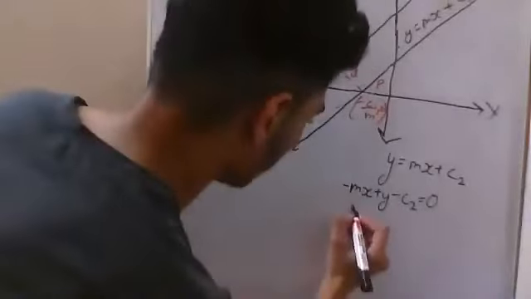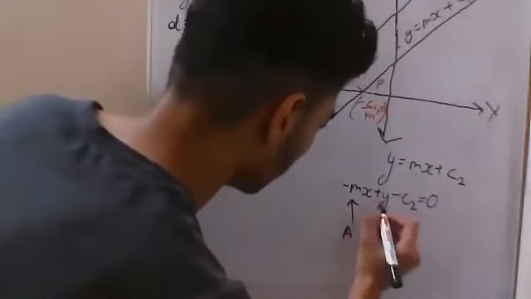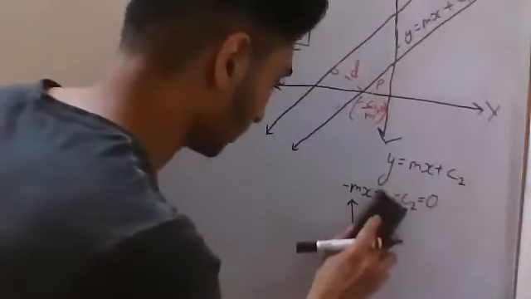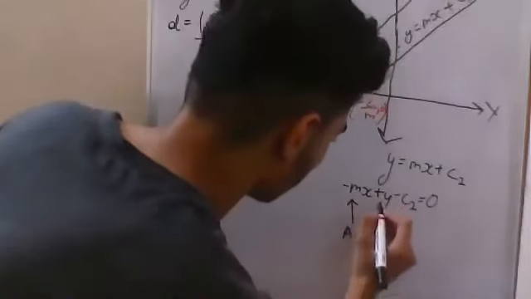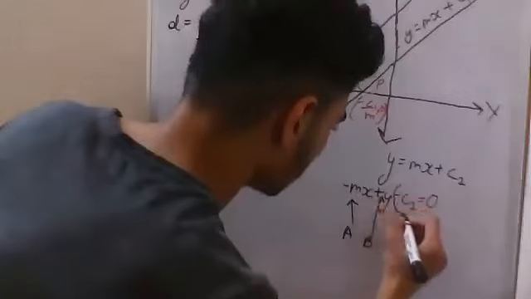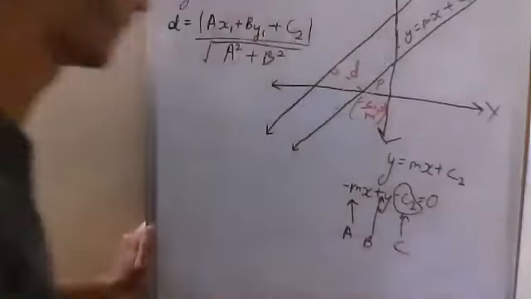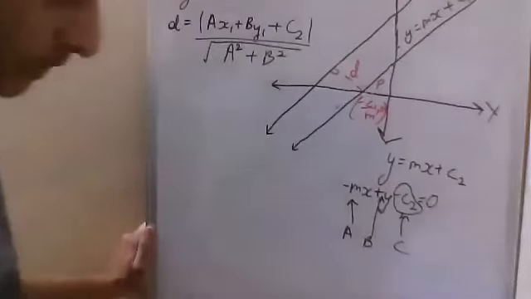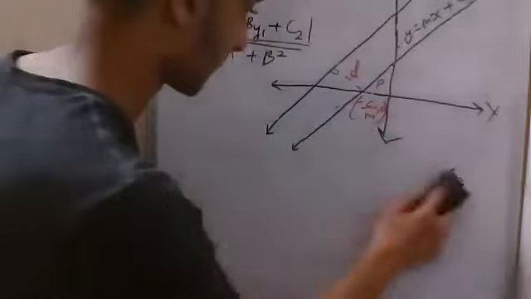So this is the a, here there is 1, which is the coefficient of y, that is b, and this minus c2 is the c over here. Now let's go ahead and substitute these values.